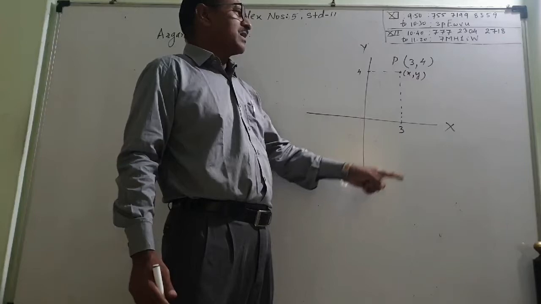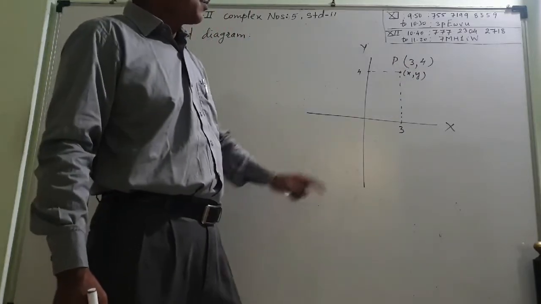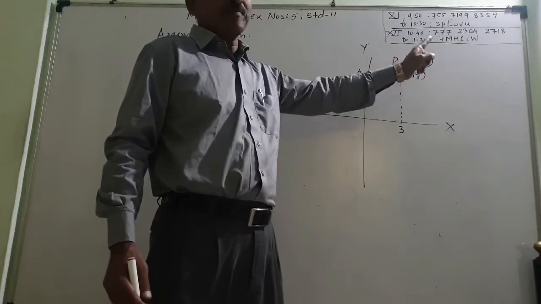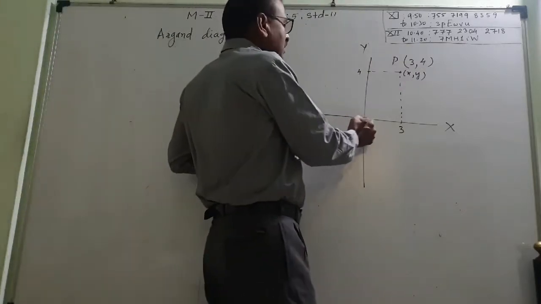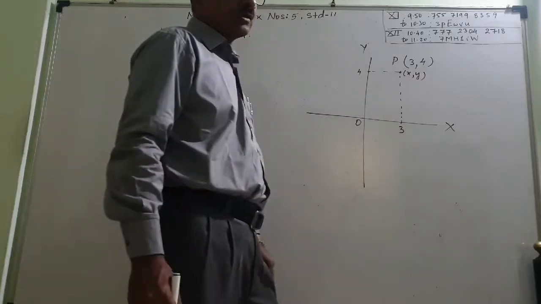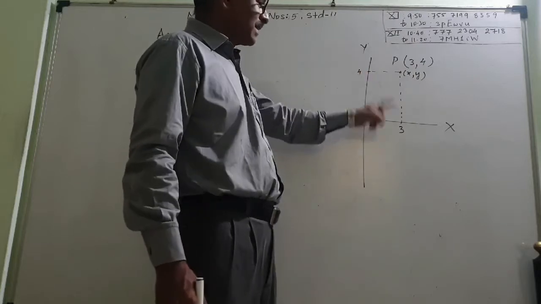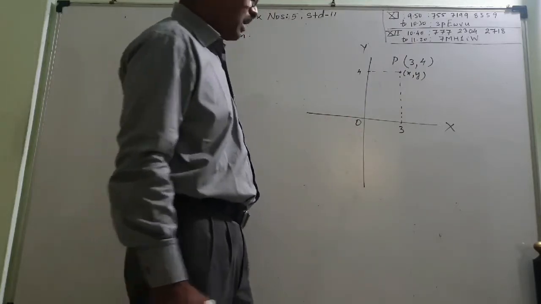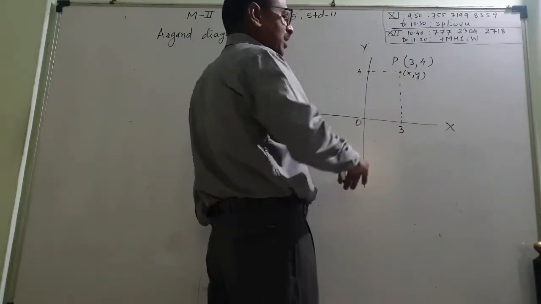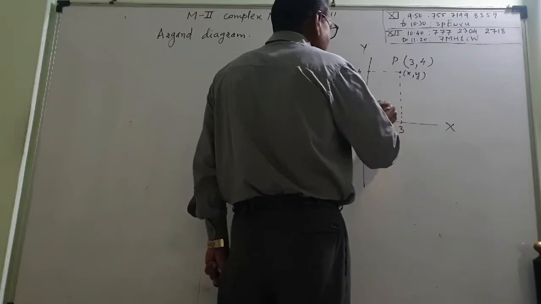So what I come to know by 3, 4 in the plane, what is the position of that point P, that I come to know. So immediately I say that it is in the first quadrant. Means 3, 4, what it suggests? It suggests the position of the point. Okay. And another way of finding the position is by this.